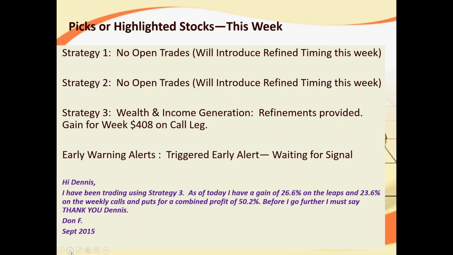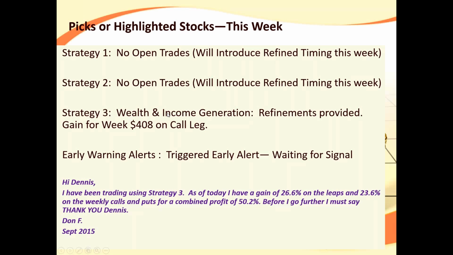For this week, basically we did no trades for strategy 1 or strategy 2. We're standing by, waiting, keeping our powder dry in the downtrend. I will be introducing this week some refinements for being able to time this better, and we'll be covering that on Wednesday night.